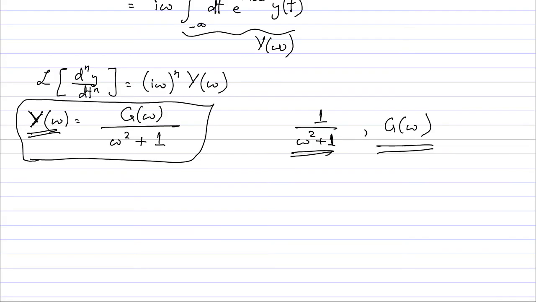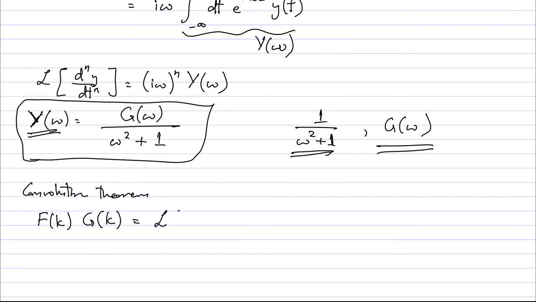This leads us to the so-called convolution theorem for Fourier transforms. This just says that given two Fourier transforms in general, the product of these two Fourier transforms is the Fourier transform of the convolution of the original functions.